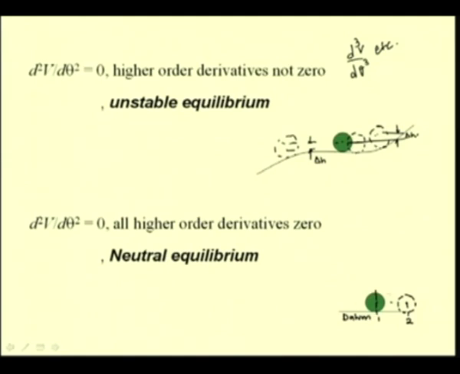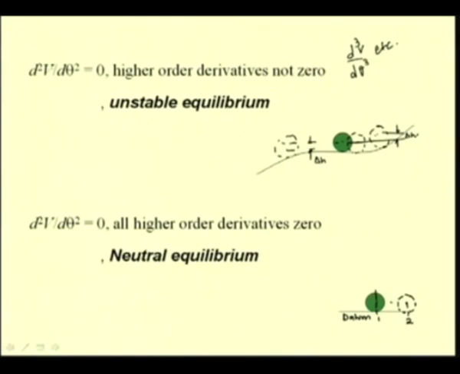So such an equilibrium configuration is known as neutral equilibrium. The equilibrium state of a system can be analyzed, whether it is stable, unstable or neutral, by considering this second derivative, d square v by d theta square, and by analyzing the sign of this. This we have seen for a single degree of freedom system.